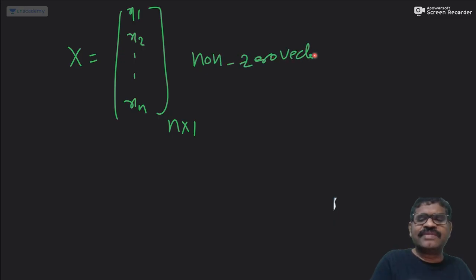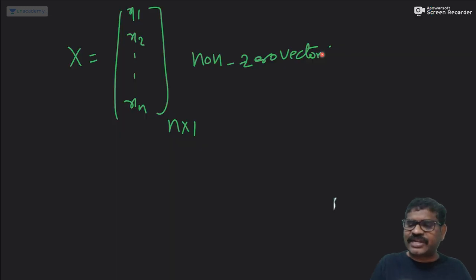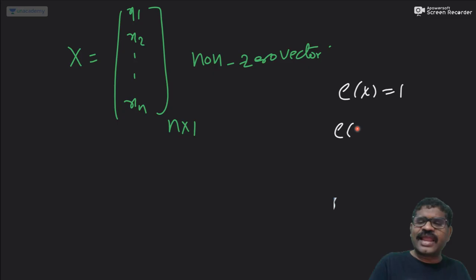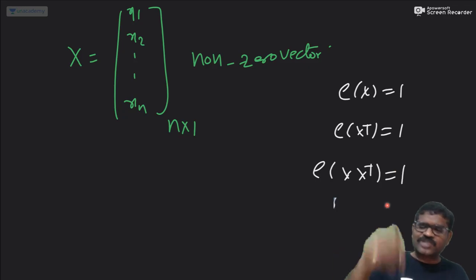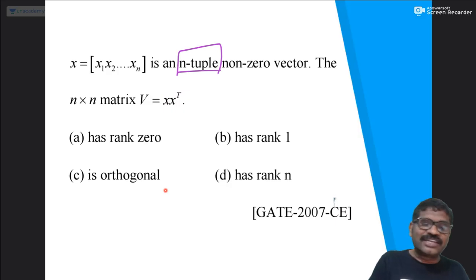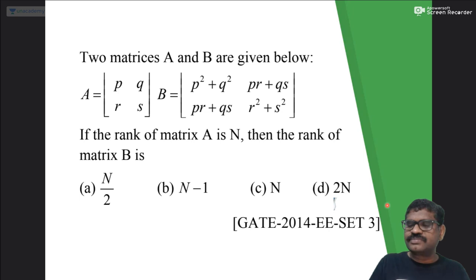That is the given statement. If the vector is an n-dimensional non-zero vector, what is its rank? Rank of x is 1. Rank of x transpose is 1. Rank of x into x transpose is 1. Rank of x transpose into x is 1. That's why the answer is 1. Understood?